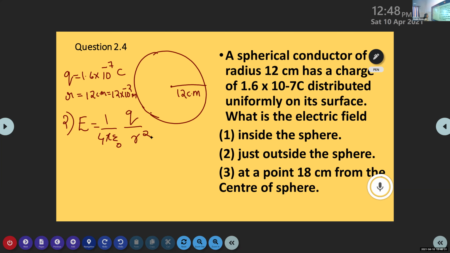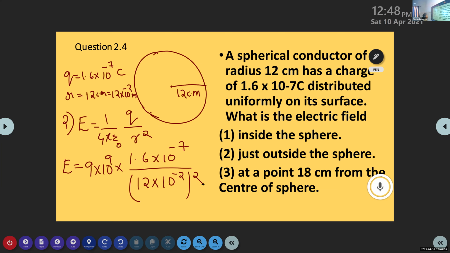So here we have all the values. Just substitute it. E is equal to, instead of 1 by 4 pi epsilon 0, we can write 9 into 10 raised to 9, into the charge Q, 1.6 into 10 raised to minus 7, divided by R square. So it becomes 12 into 10 raised to minus 2 the whole square.